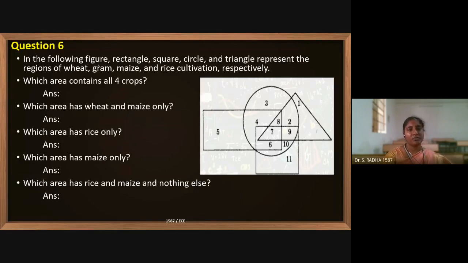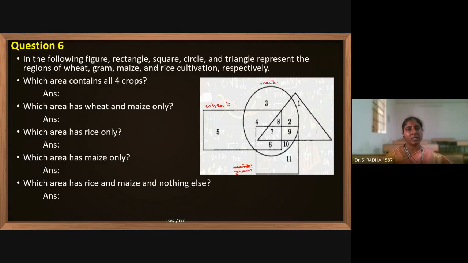In the following figure, rectangle, square, circle and triangle represent the regions of crops. Rectangle represents wheat and square represents gram. Then the third one, circle represents maize.